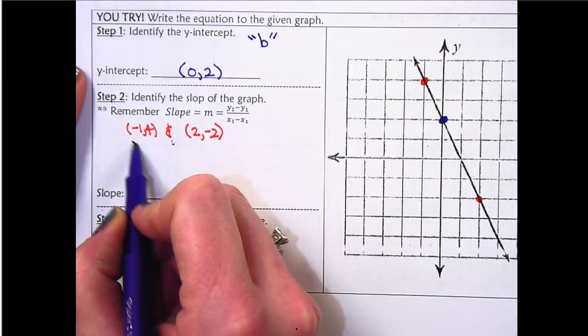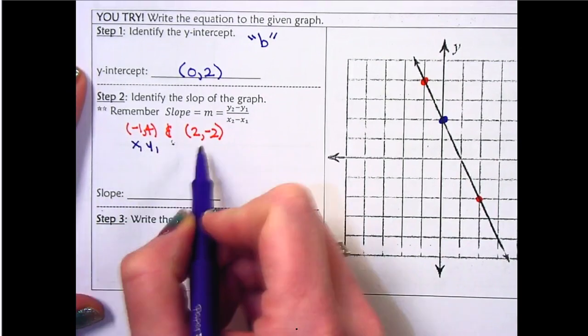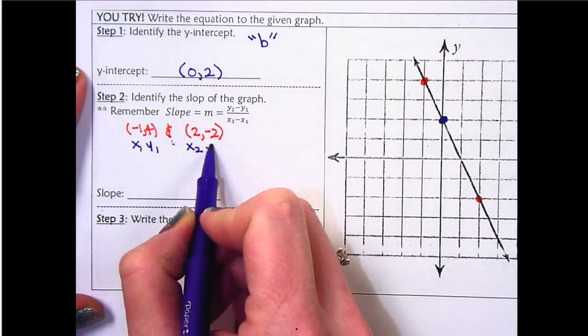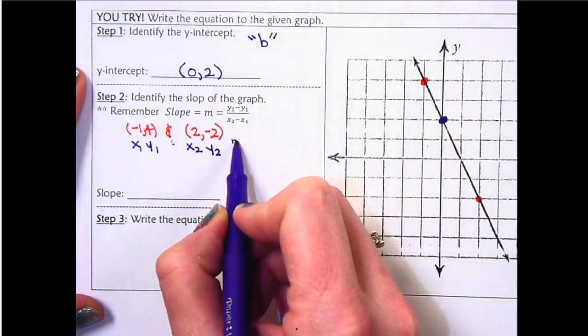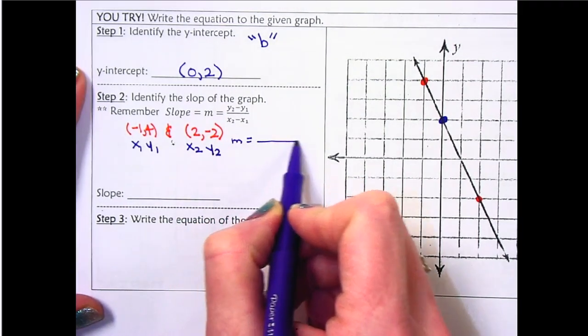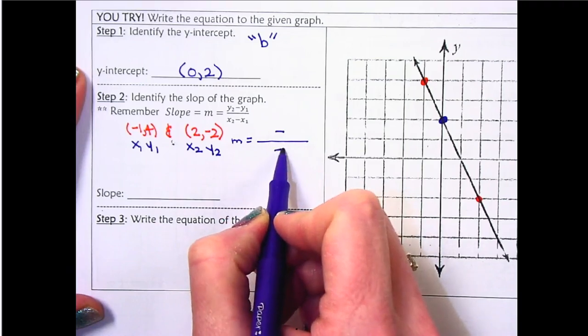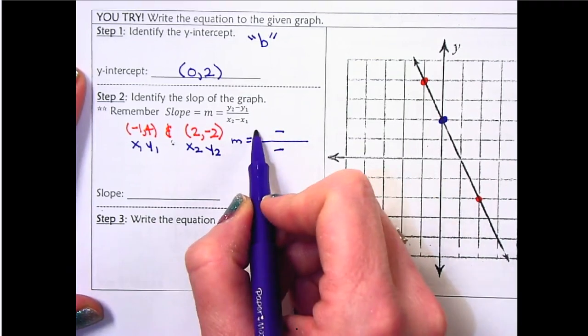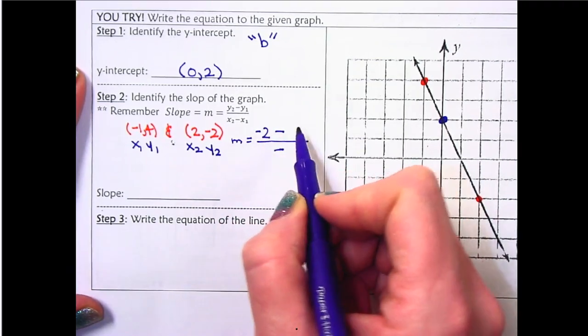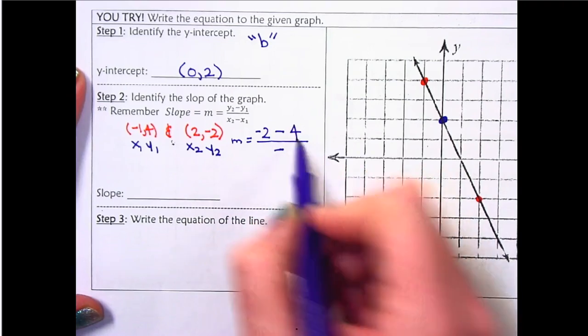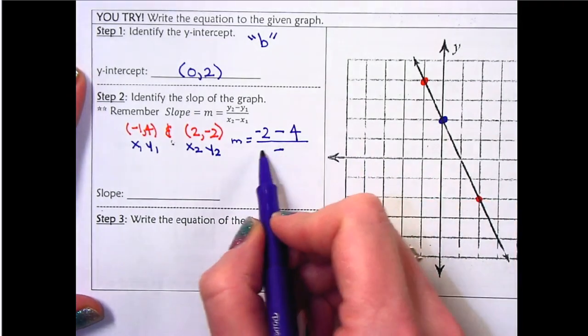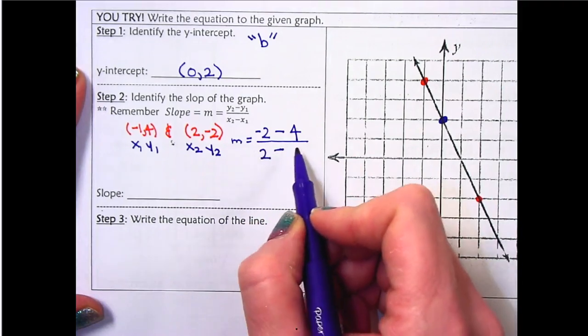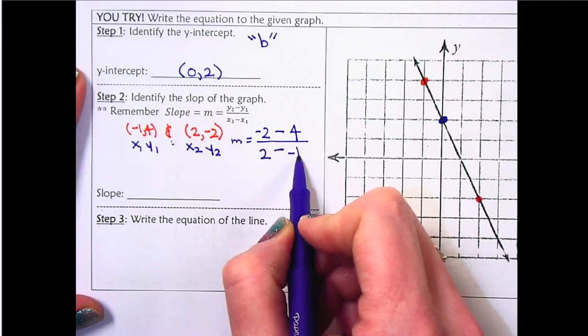Label my ordered pairs x1, y1, x2, y2, and now plug into the slope formula. Draw your line with your 2 minus signs. y2 is negative 2, y1 is 4, x2 is 2, and x1 is negative 1.